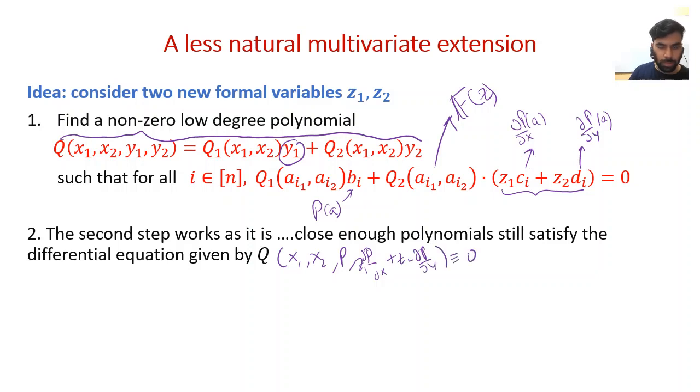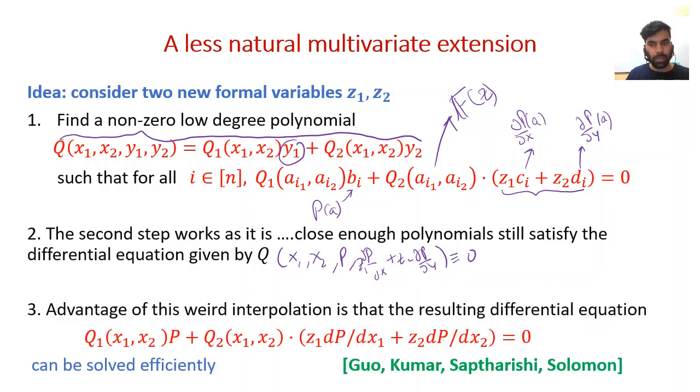That is, this polynomial is identically 0. The advantage of doing all this is the third step. Here we get a differential equation which we know how to solve. In fact, we know how to solve many more general equations of this kind, and this was already present in the work of Guo, Kumar, Saptharishi and Solomon.